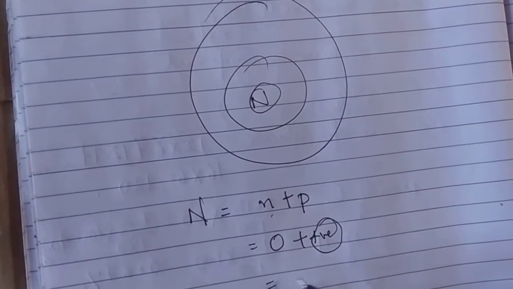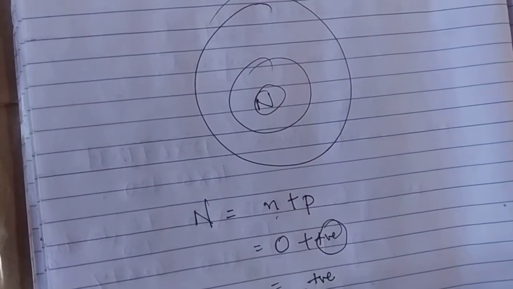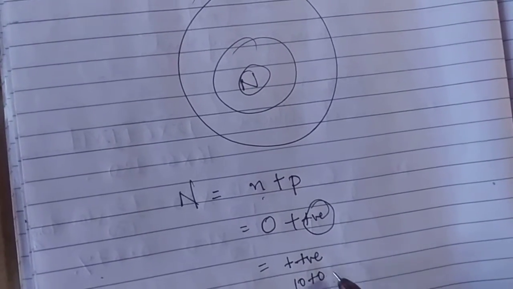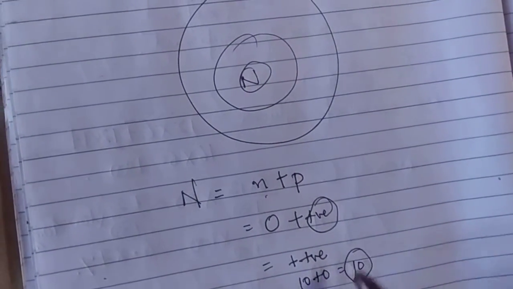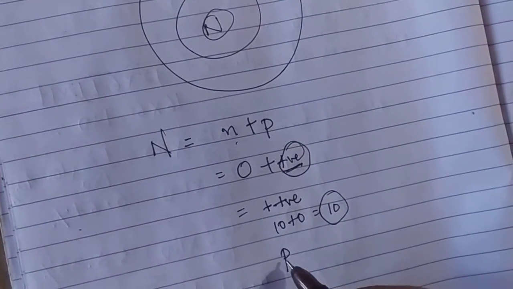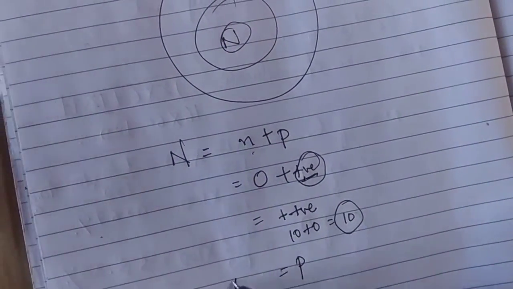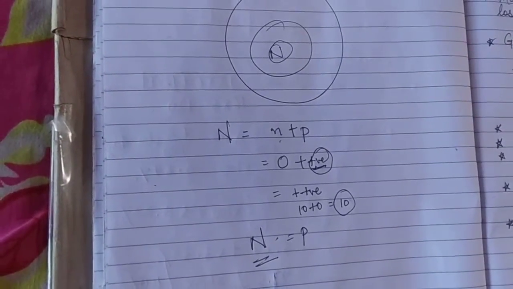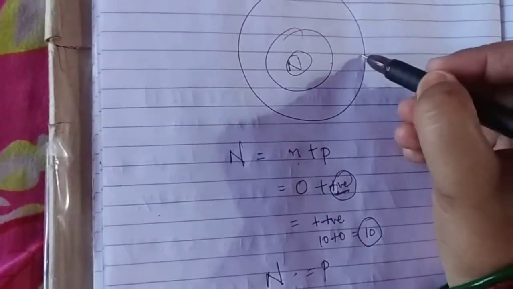Whatever you are taking as positive and adding with any digit, like 10 plus 0, you are getting 10, meaning the positive value. So due to the presence of protons, which have a positive charge, the nucleus is a positively charged fundamental particle.